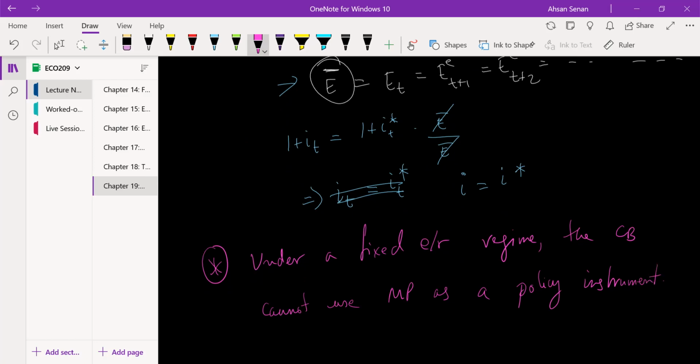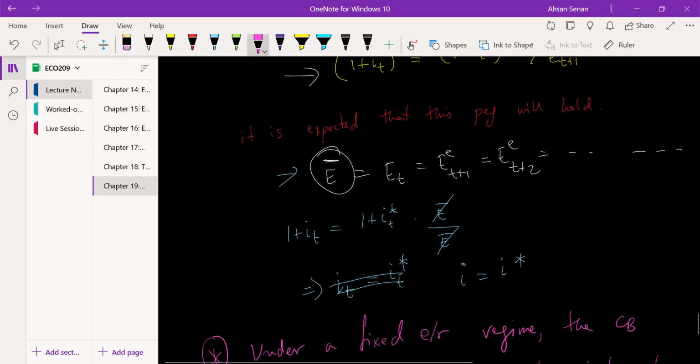What does that mean? That means that if a country wants to maintain its peg, it will have to make sure that its domestic interest rate is equal to the foreign interest rate. If the foreign central bank increases its interest rate, the domestic interest rate will have to be increased.